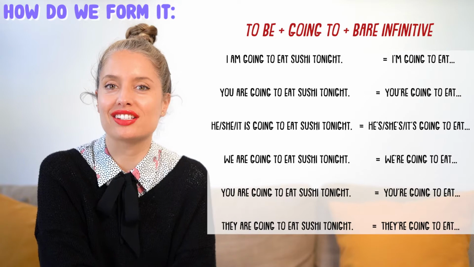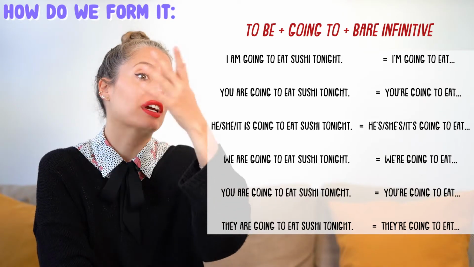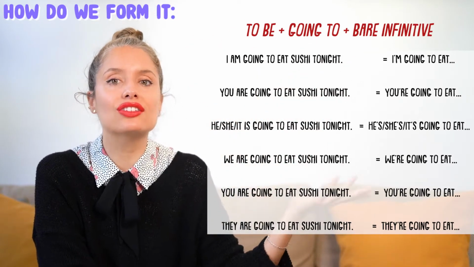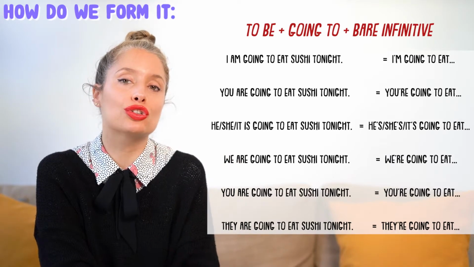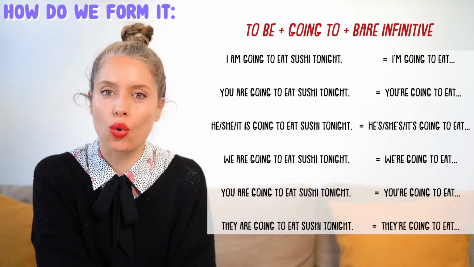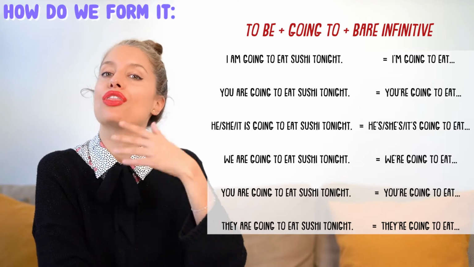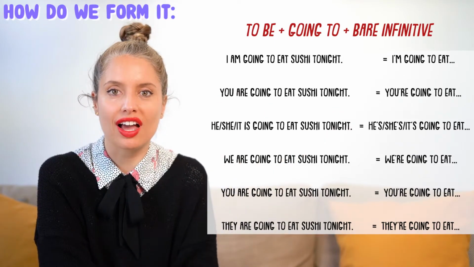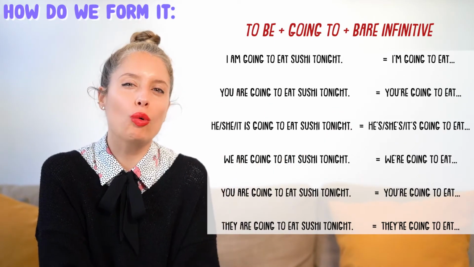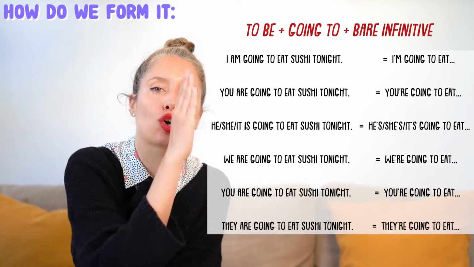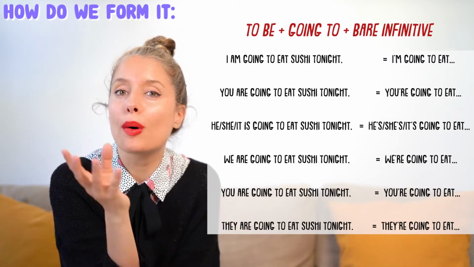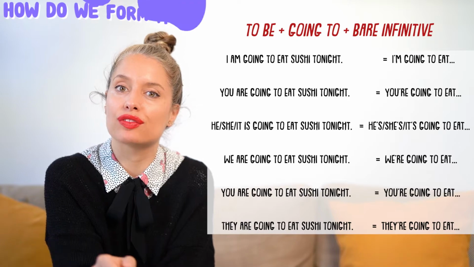You're going to eat sushi tonight. Or he or she or it is going to eat sushi tonight. We are going to eat sushi tonight. They are going to eat sushi tonight, etc. But always following that structure of the verb to be, going to plus that bare infinitive.